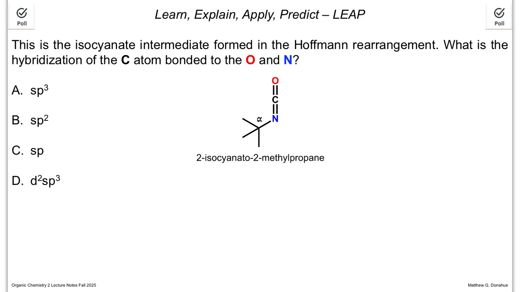So an intermediate in that reaction is this structure that's shown. That collection of 3 atoms with that bonding pattern is called an isocyanate. And the question is, what is the hybridization of that carbon atom?